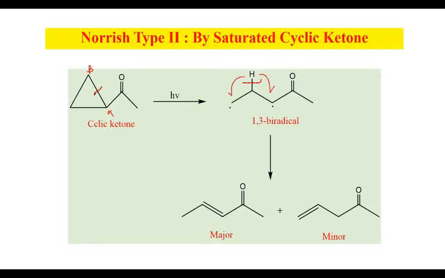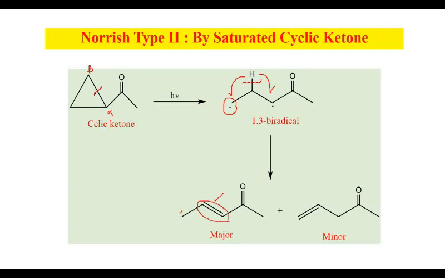If this hydrogen is shifted to this carbon, then it becomes CH3 methyl and a double bond is formed here, which is a major product, as we all know that the most substituted double bond is highly stable.